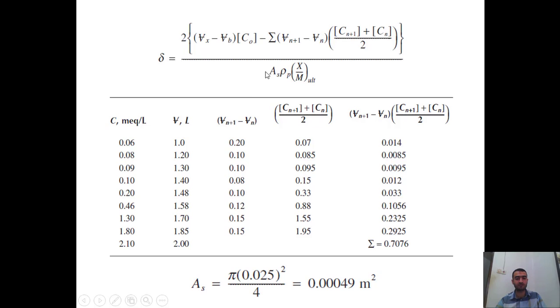But first we have to calculate the area, because we have the diameter of a circle. So we can easily calculate the area as pi d squared over 4, which is 0.00049 meter square. Okay, fine, we have all the parameters now.